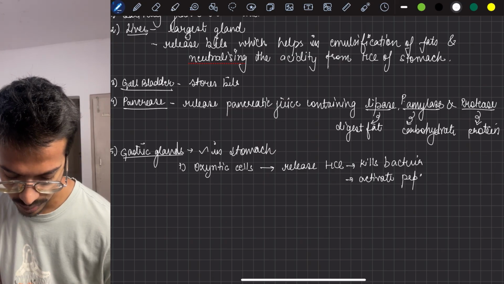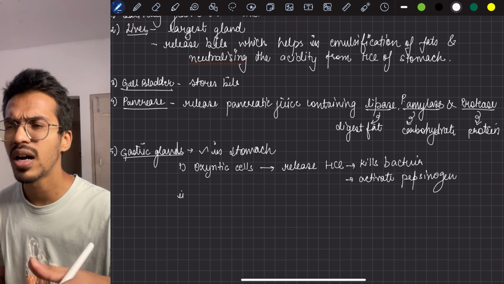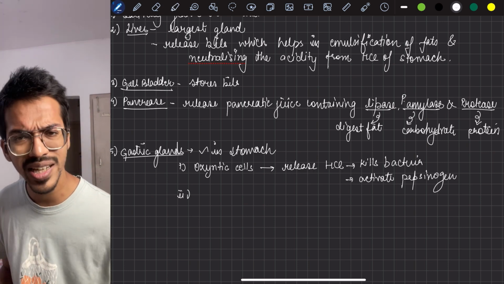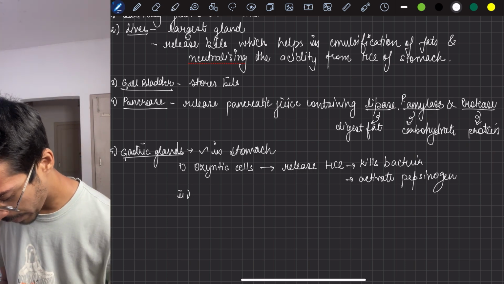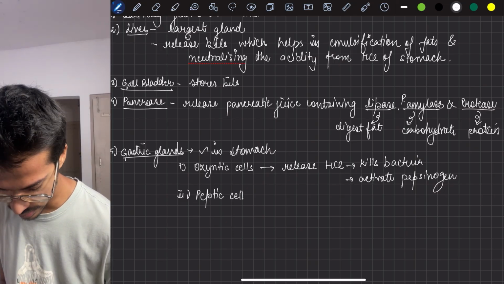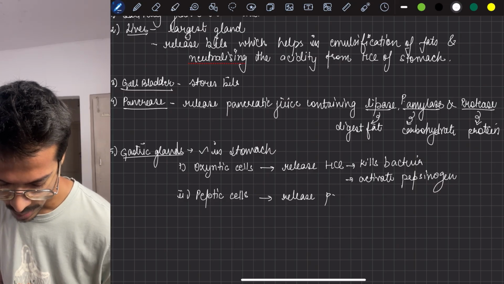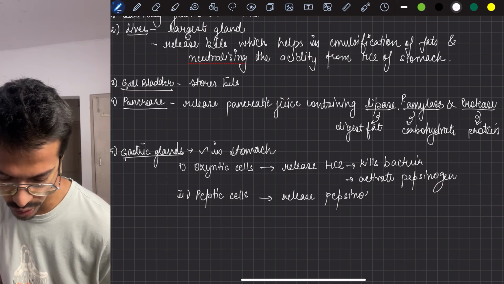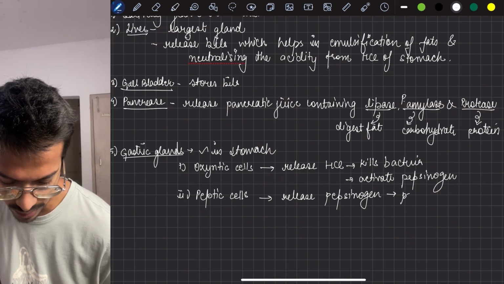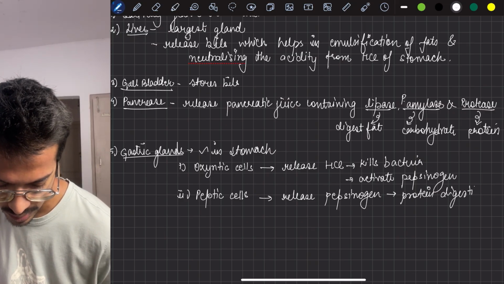Pepsinogen, and it provides the medium for iron absorption and all those things, same as in humans. Next are the peptic cells. They release pepsinogen, which is a protein digesting enzyme.